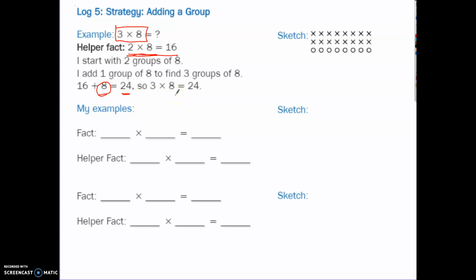So if I want to know what, let's say, 6 times 7 is, my helper fact is going to be 5 times 7, which is 35. So I'm going to add a group of 7 to that, and I'm going to get 42. So 6 times 7 is 42.